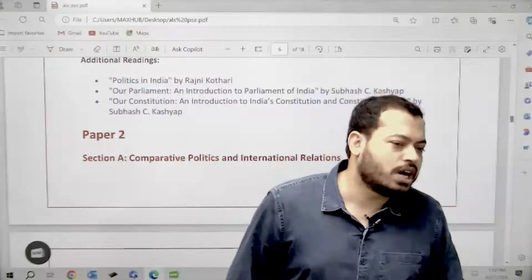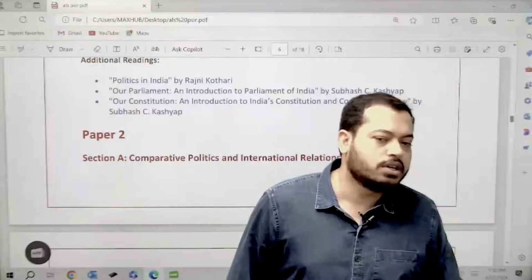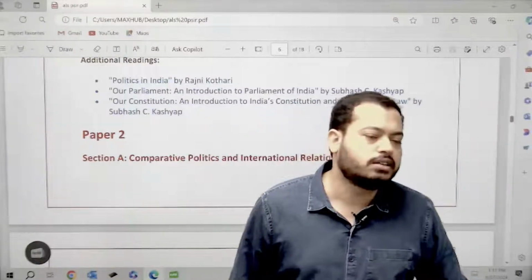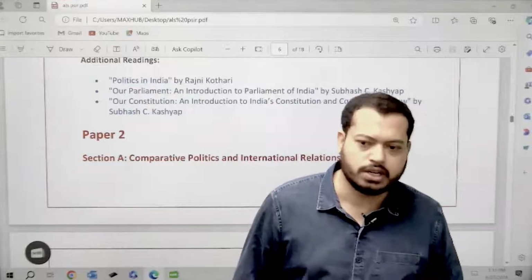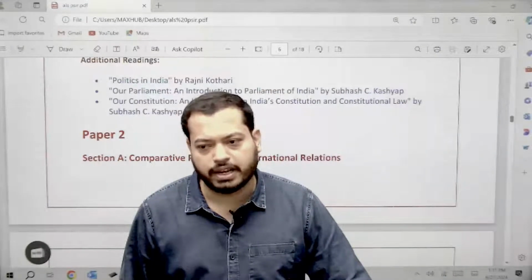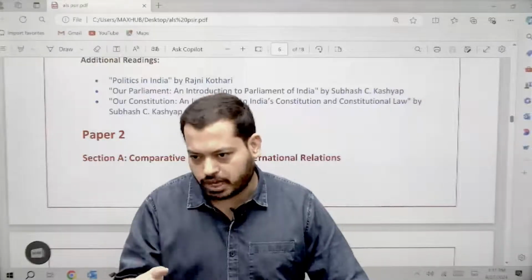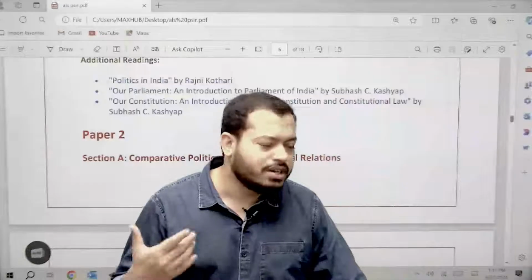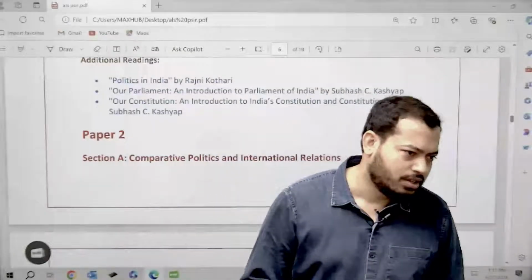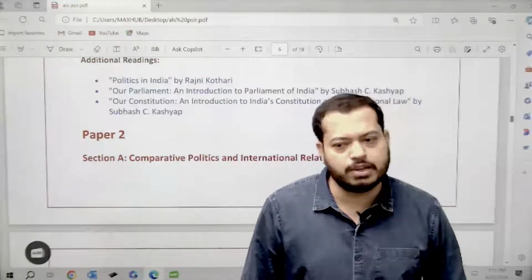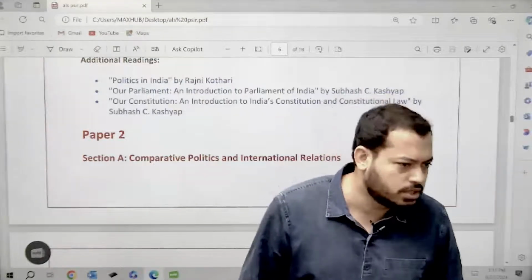Most of those books are defined for master's courses, and the way the exams have evolved in the last 5 to 7 years, if you start buying those books and reading from the first page to the last, the syllabus will never be completed, and you don't need that kind of understanding. The kind of understanding you need is that you should be able to write 200, 300, 400 words on a specific topic.